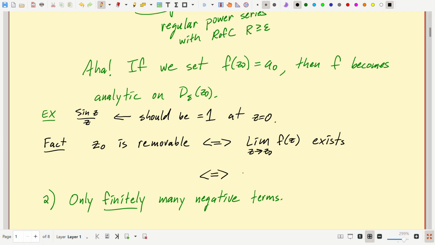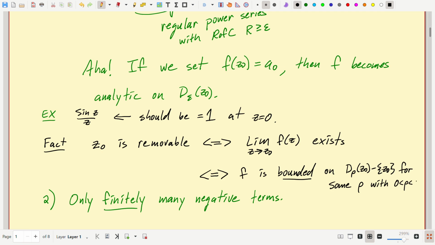That happens if and only if f is bounded on, let's say, a disk of radius rho about z naught minus z naught, for some rho with 0 less than rho less than epsilon.